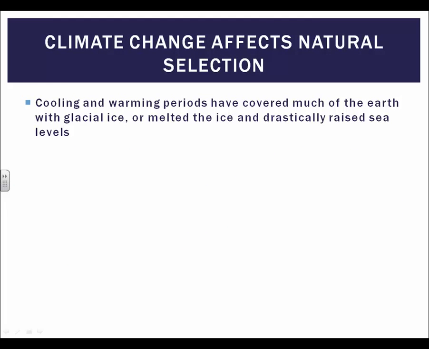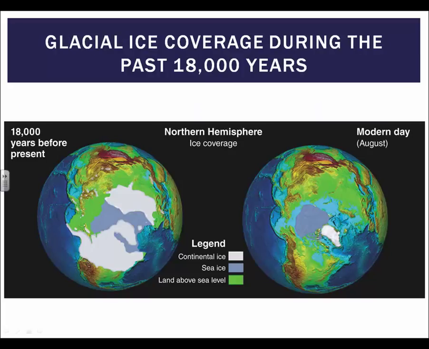So climate change obviously affects natural selection. We have cooling and warming periods that have covered much of the Earth with glacial ice, have melted the ice, and changed the sea levels. Long-term climate change determines where different types of plants and animals can survive, and it's also caused the extinction of a lot of different species.